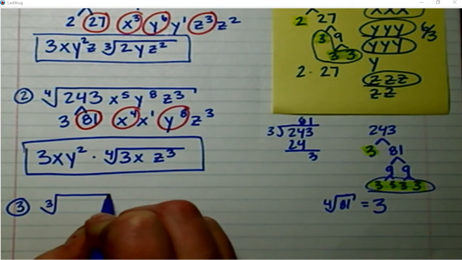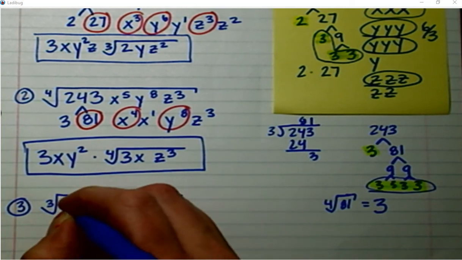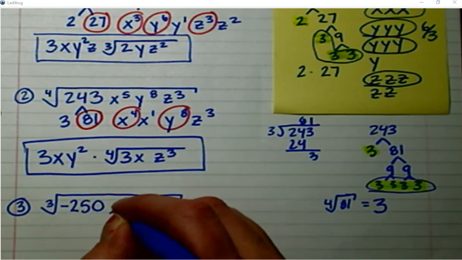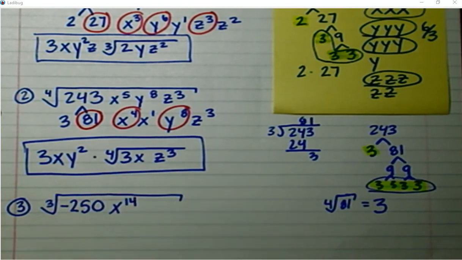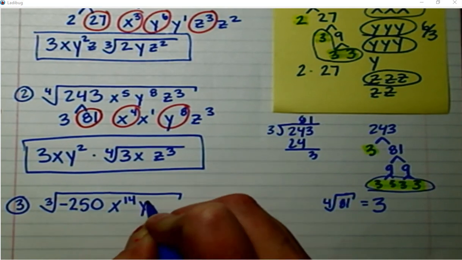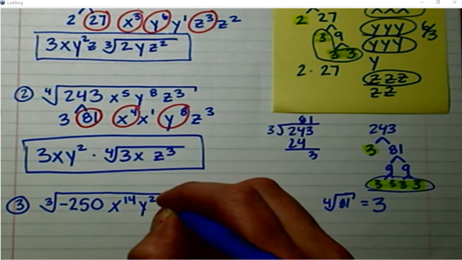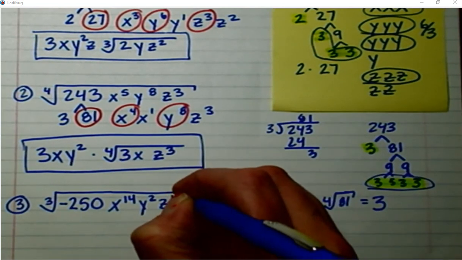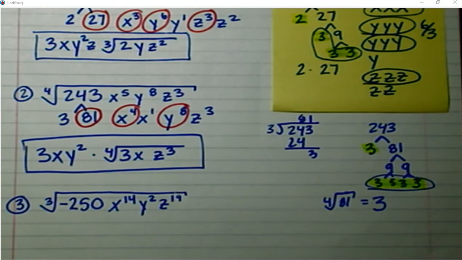All right, so we'll do a cube root. Okay, so negative 250, x to the 14, y squared, and z to the 19. This one, I want you to try without me.